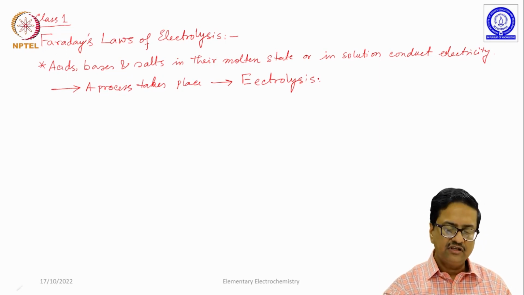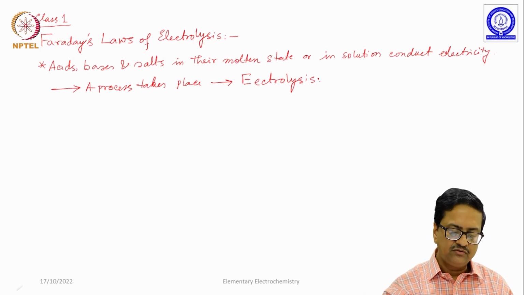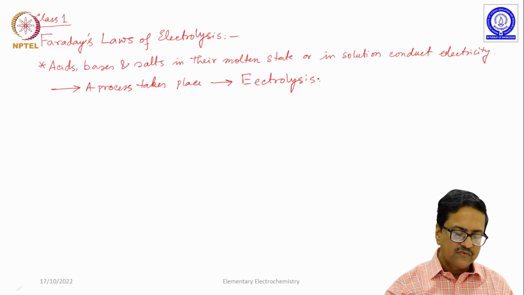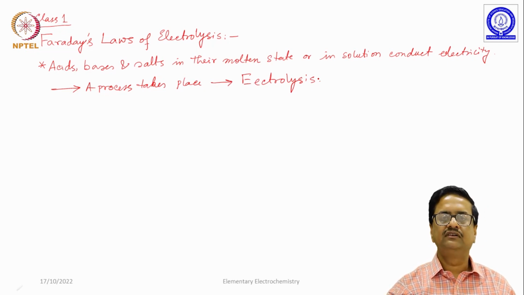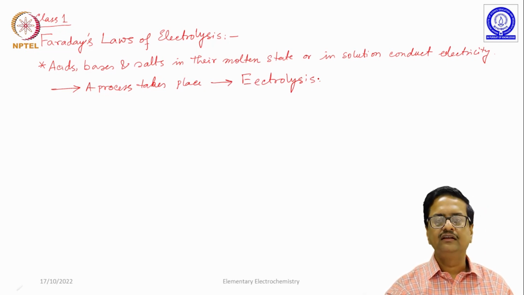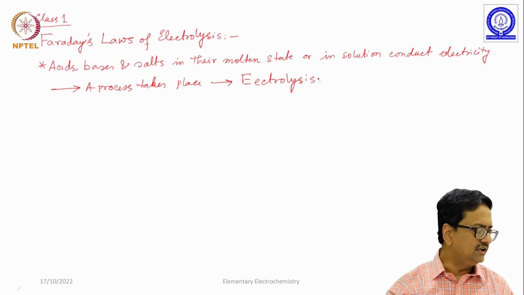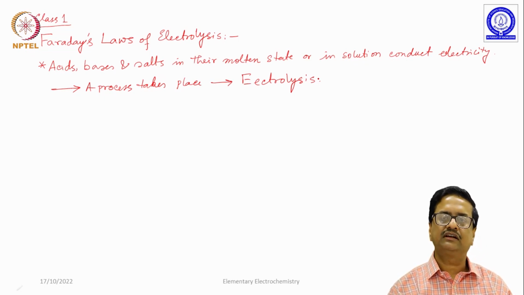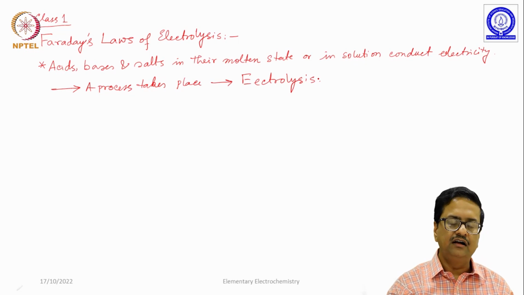Sometimes you can get a different product, like when you do electrolysis of a solution of sodium chloride, you will get hydrogen and oxygen. Whereas if you do the electrolysis of molten sodium chloride, you will end up getting sodium and chlorine gas at the electrodes. So, depending on the condition of electrolysis, your products of electrolysis may be different.